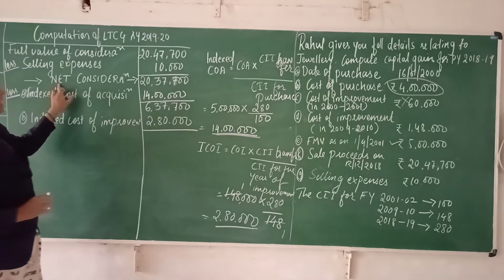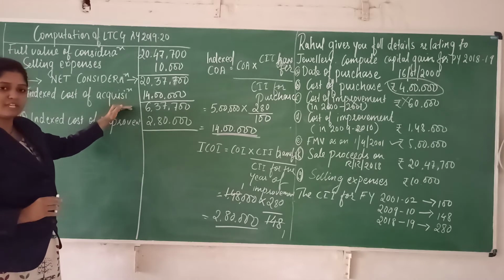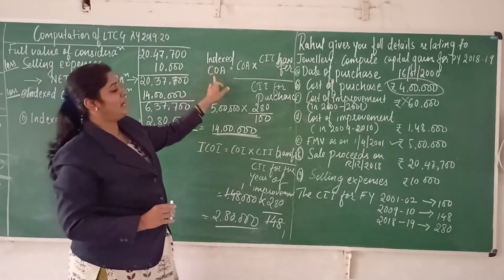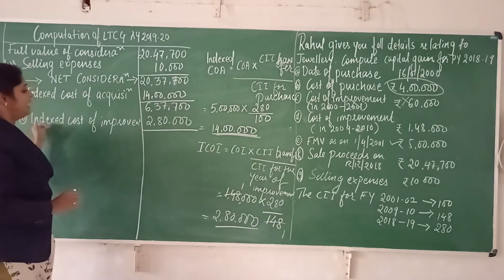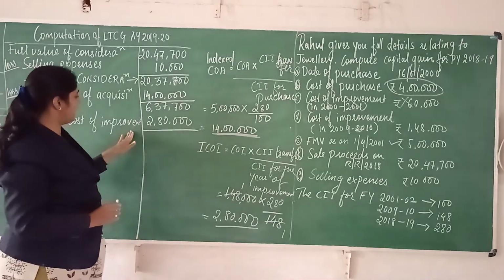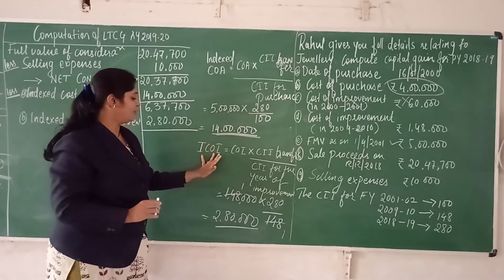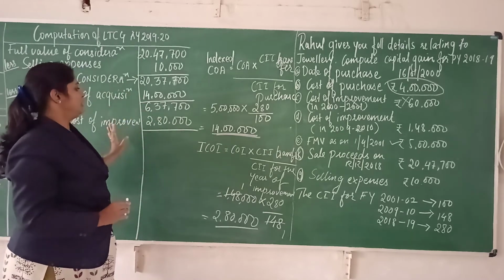I hope this part is clear to you all. From net consideration, we are deducting first indexed cost of acquisition. To calculate indexed cost of acquisition, we have made use of this formula. And then we have calculated indexed cost of improvement. To calculate it, we have made use of the indexed cost of improvement formula, and we have put the values into the format.